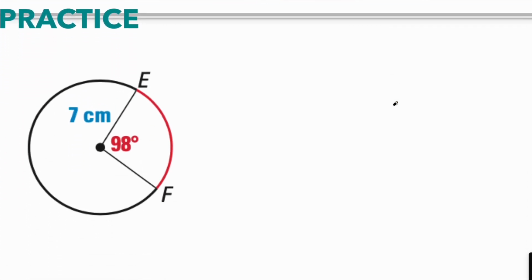So to attempt one, the length is going to be the degree over 360 degrees, and you're going to multiply that by 2 times pi times your radius, and you will get 11.97 centimeters.